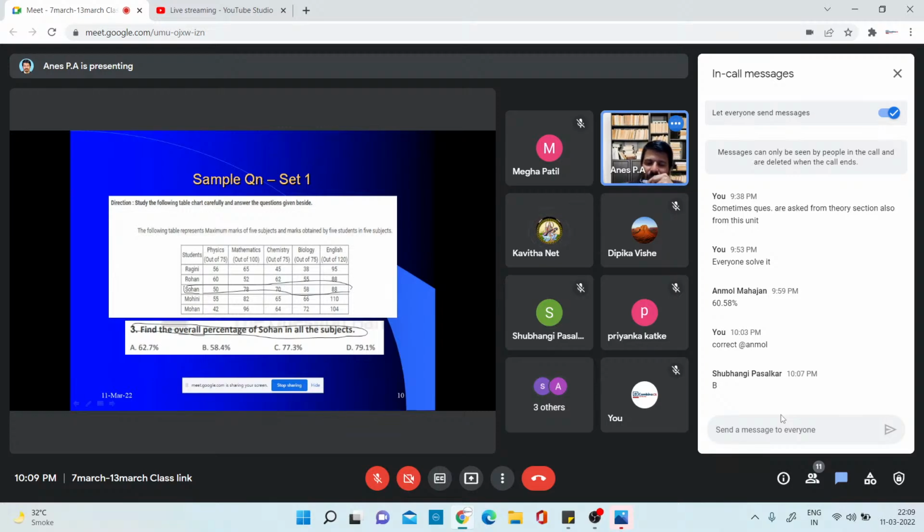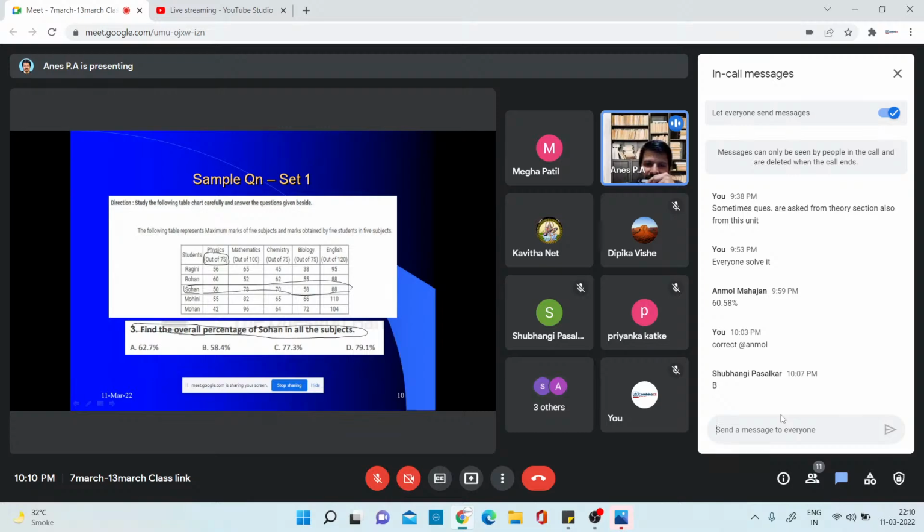Yes, sir. Okay. Then how to find the percentage? Divided by 405 into 100. Actually, how do you find the denominator value? By summing up all the marks. Yes.